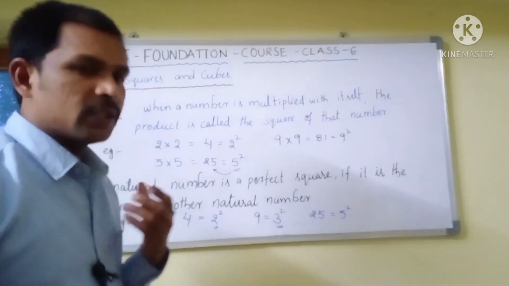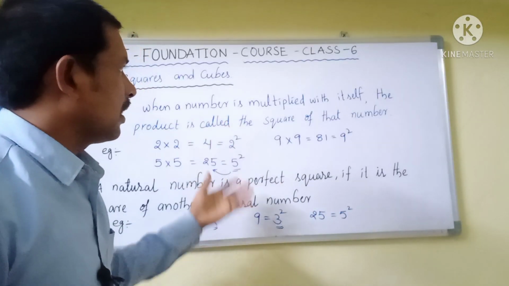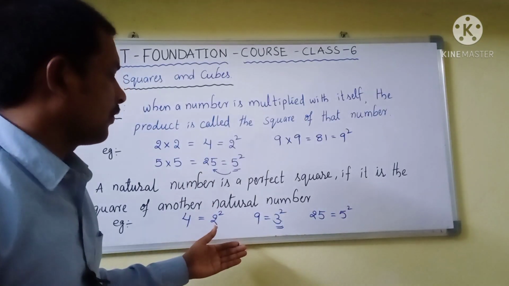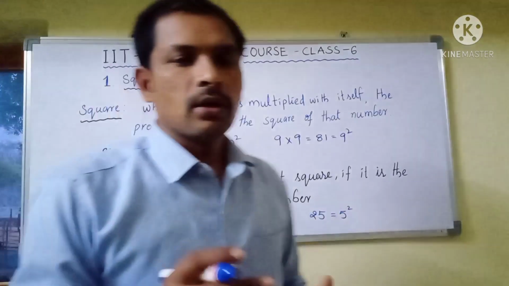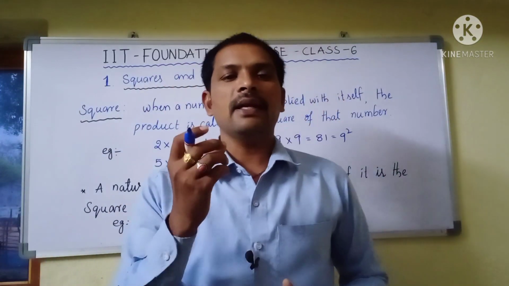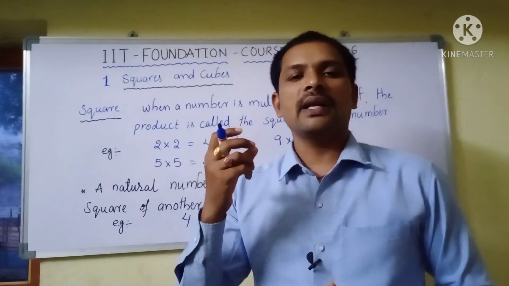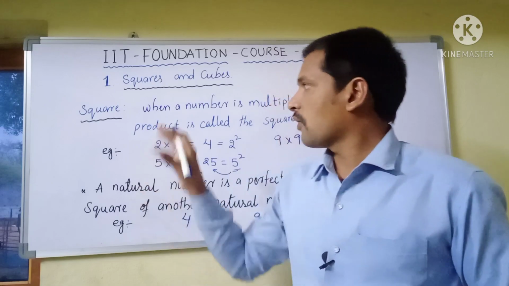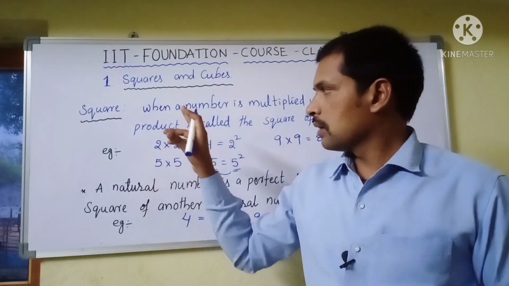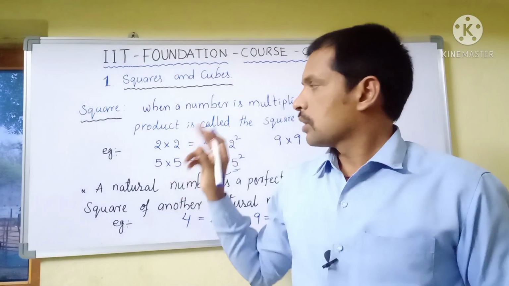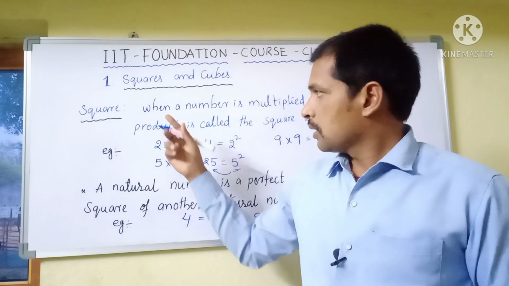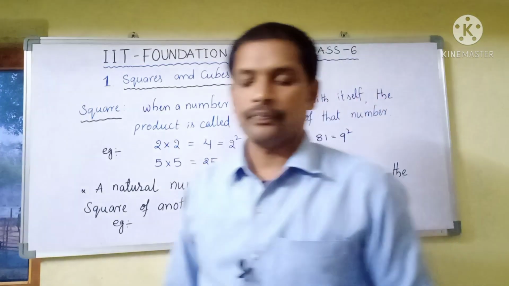So this is the definition and introduction part of squares. Next we'll discuss the 1 to 20 square values in the form of a table, and how to remember them in an easy way. I am going to explain that in the next topic.